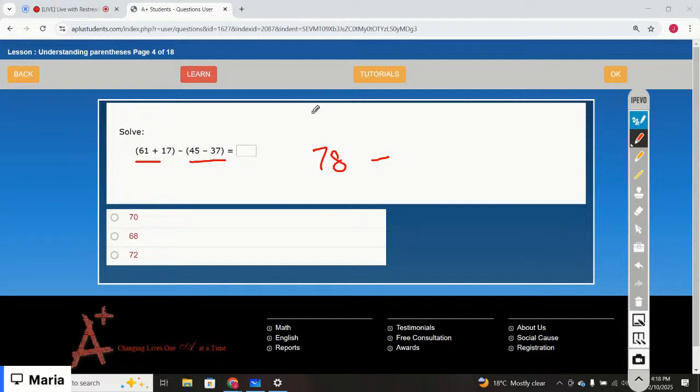The second one is 45 minus 37, that is 8. So 78 minus 8 is 70.